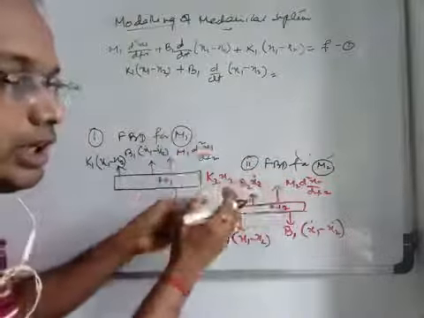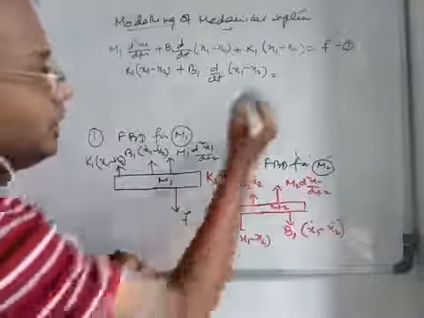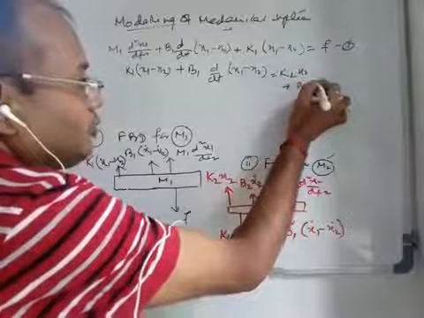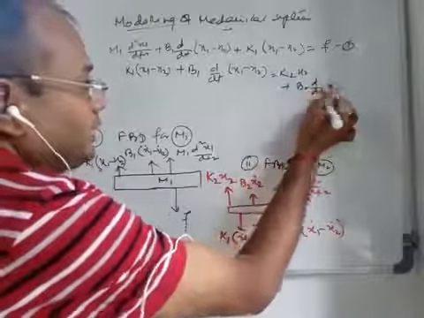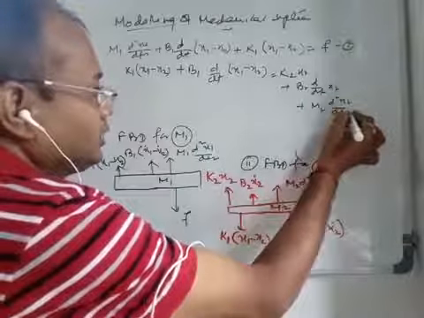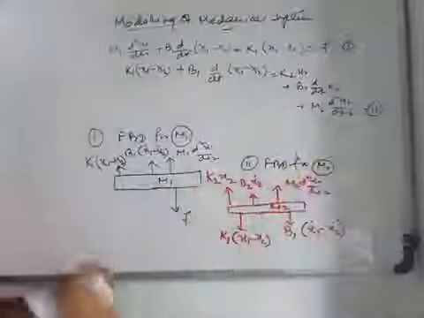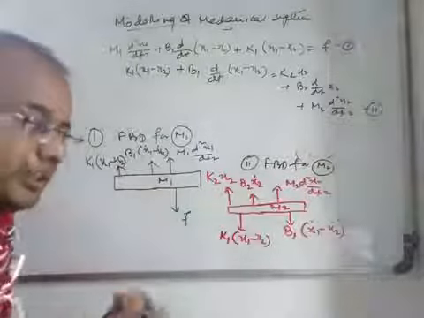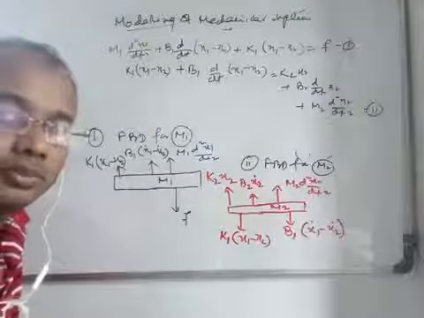That is the principle of D'Alembert. So this is equal to k2 x2 plus b2 d/dt of x2 plus m2 d2x2/dt2. That's it.